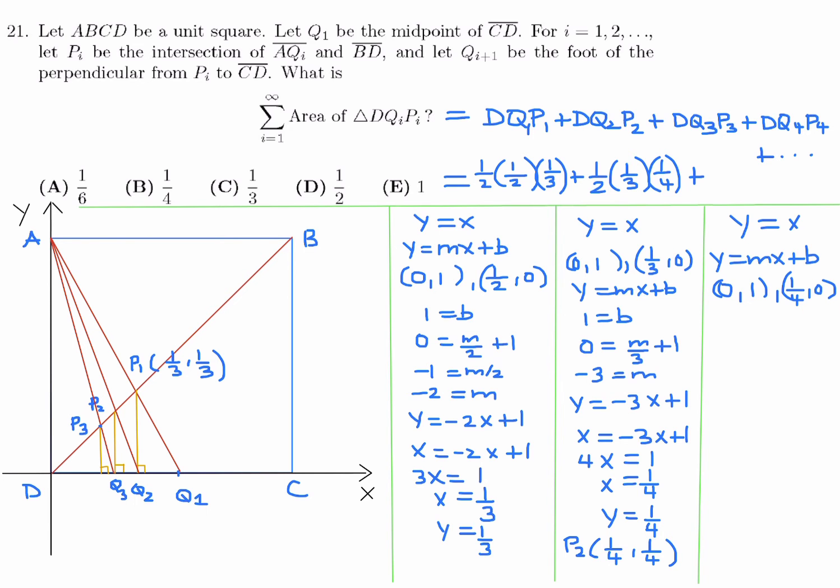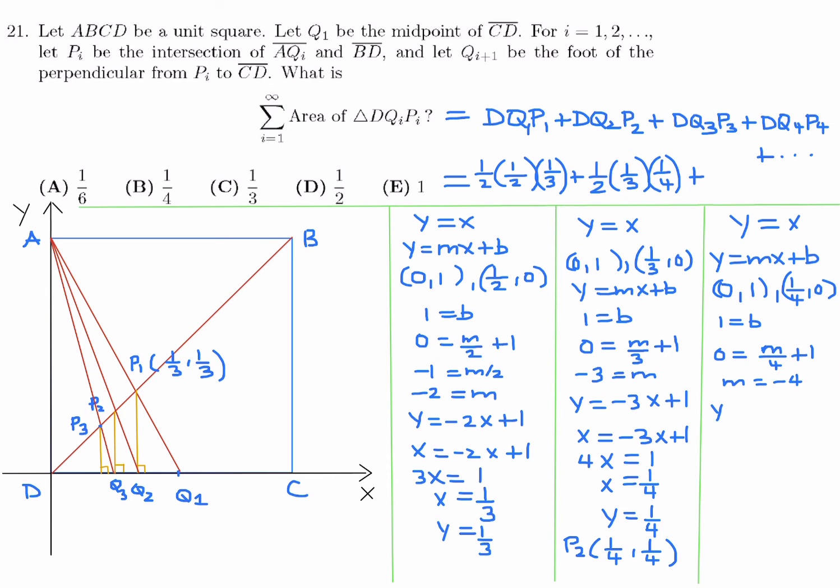So same thing, substitute, and when you substitute this guy into this equation, you get 1 = b, and then substitute that one, and we get 0 = m/4 + 1, and therefore m = -4.